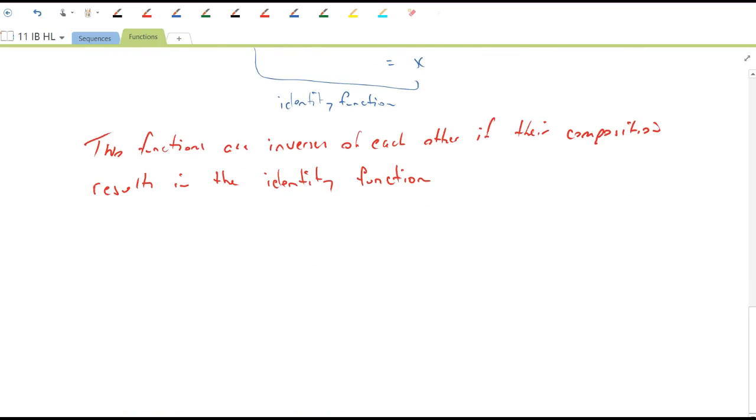Okay, how to find an inverse function. So how to find the inverse function, should it exist.